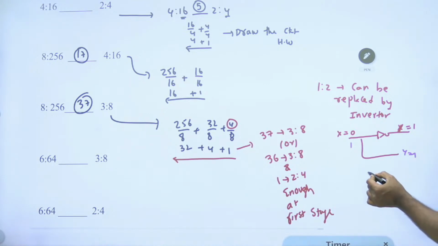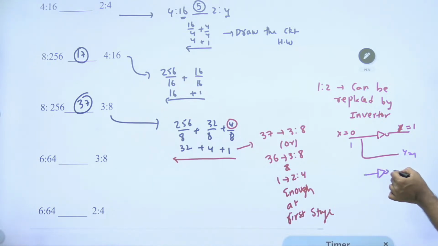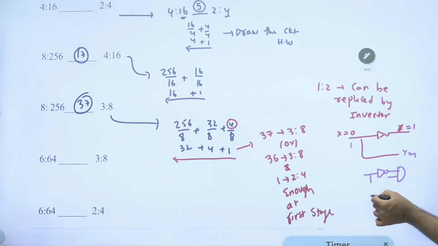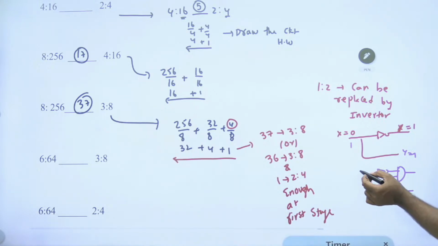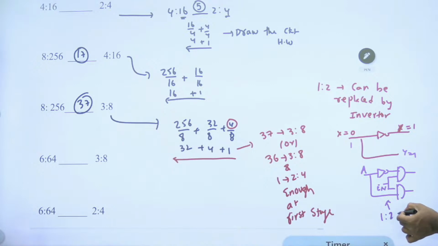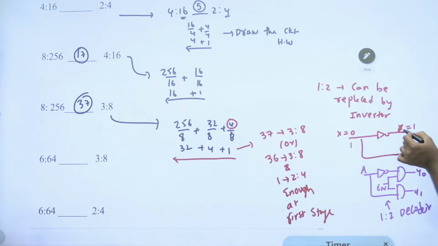If you take this with a combination of AND gates and enable, this is a 1 by 2 decoder. When enable is 0, all outputs are zeros.